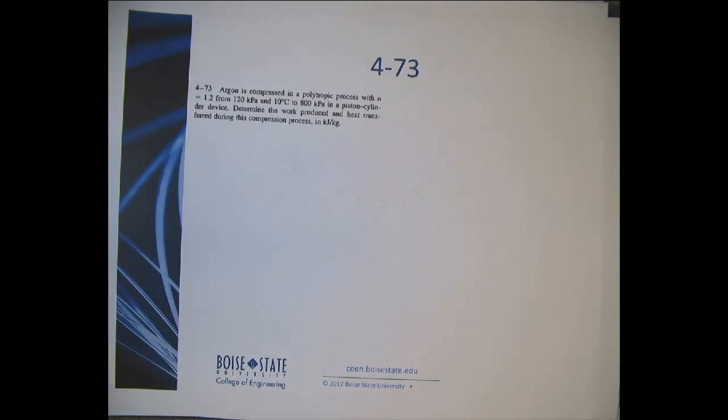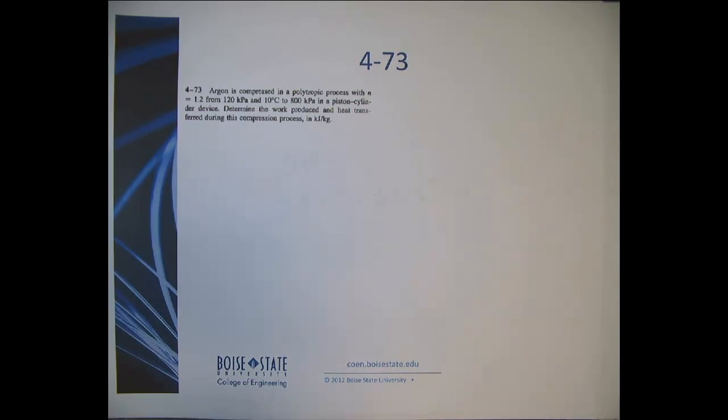Okay, now let's look at a process which is slightly different from what we have been doing. Argon is compressed in a polytropic process with n equals 1.2 from 120 kilopascals and 10 degrees C to 800 kilopascals in a piston cylinder device, and you're asked to determine the work produced and the heat transferred during this compression process.